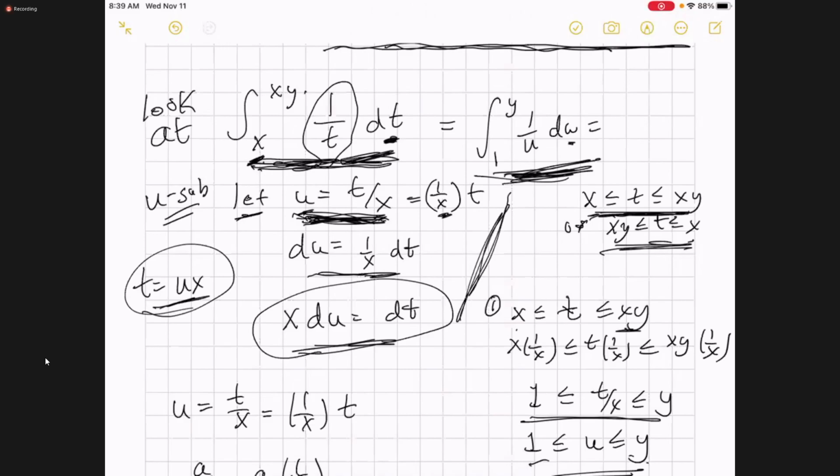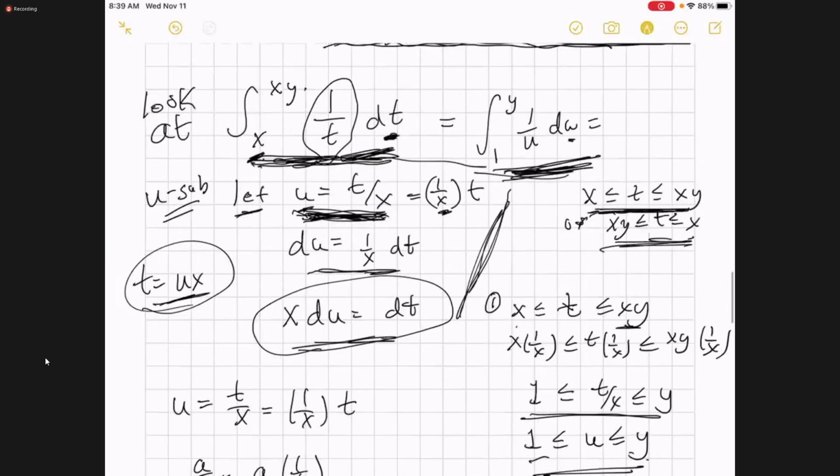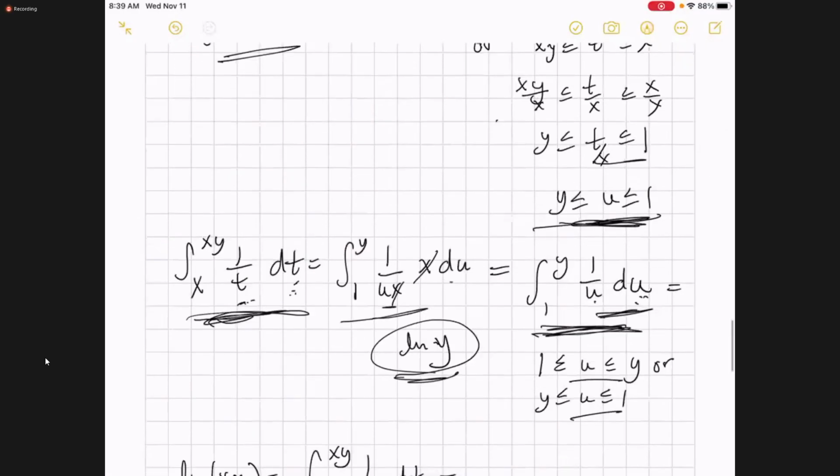So is u substituting t, or is it substituting 1 over t? I'm substituting t. Okay, that makes sense. In fact, there's kind of a step in between these two.